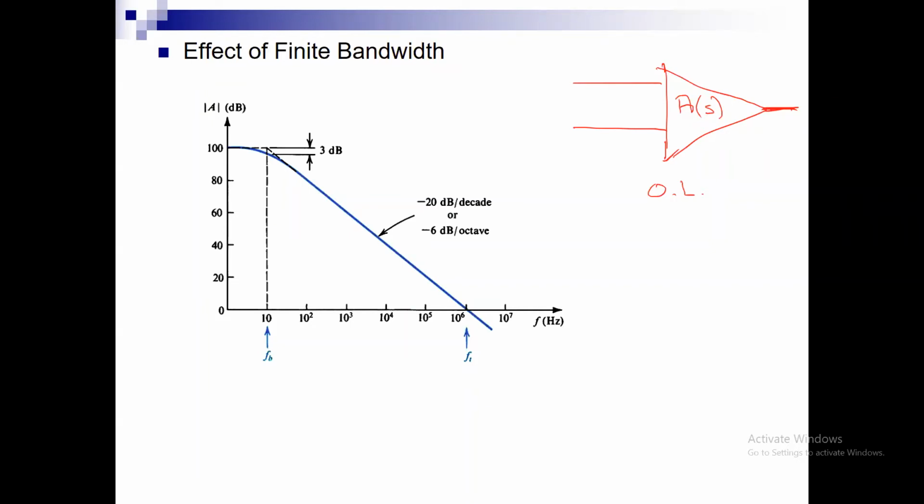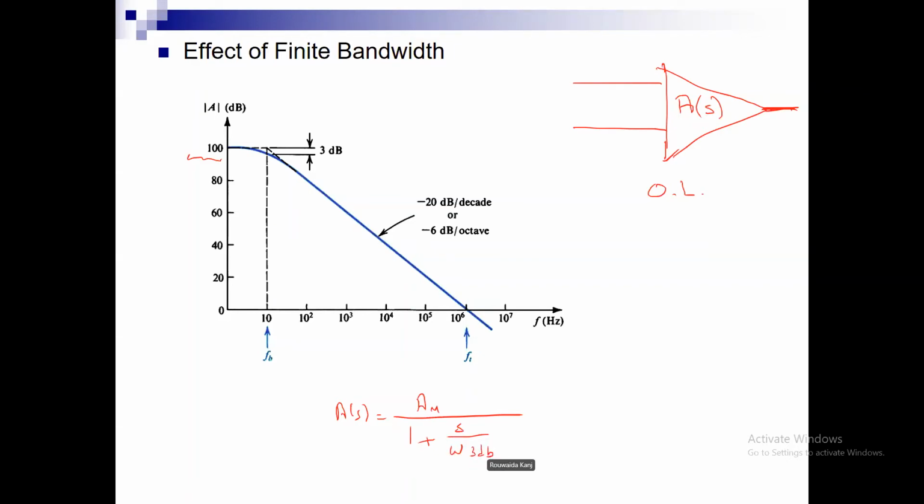Okay, so they start to say, well, if it has finite gain, in this example, for example, equal to 100 dBs, then I can represent the A of S as AM, which is the low frequency gain, over 1 plus S over omega 3 dB.